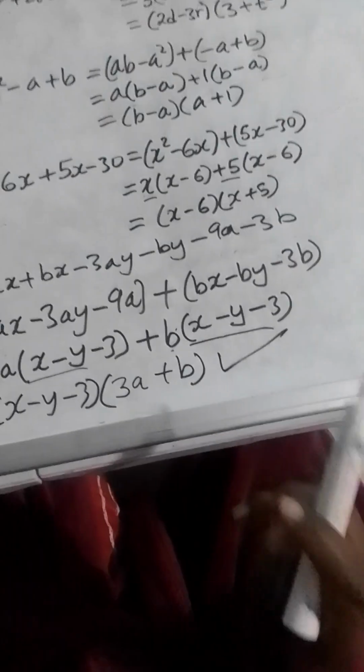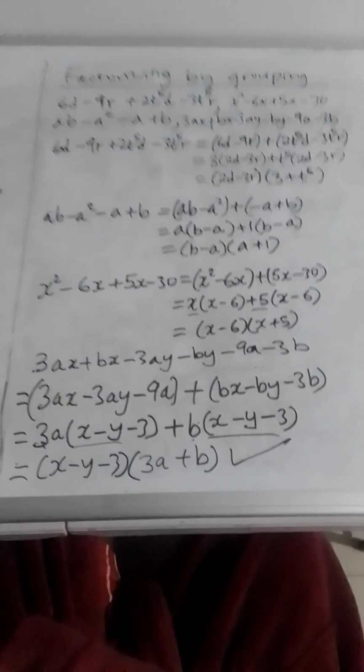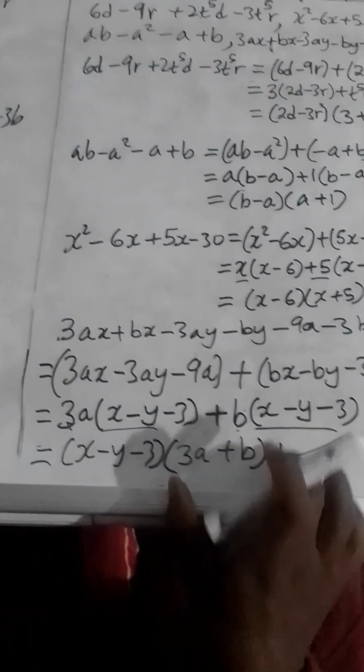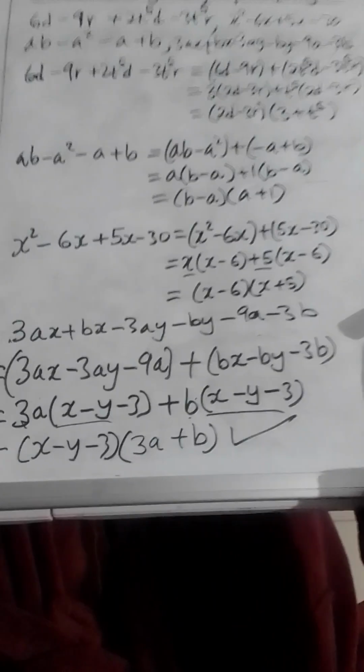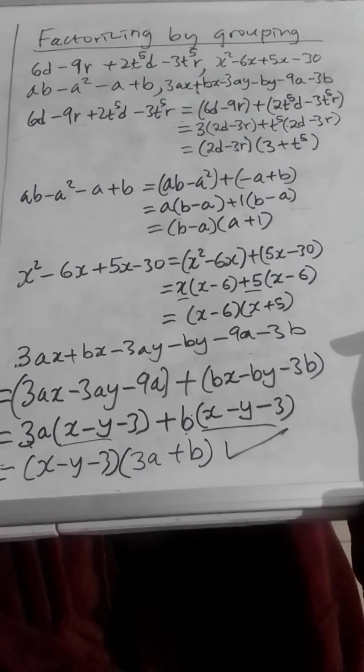And so this is the same as the one before, except this bracket came before. But we know that multiplication is commutative, which means that you can change the order of the multiplication. So whether this is at the front of the trinomial or the trinomial is at the front, the answer will be the same. Okay? And that is how we factorize by grouping.